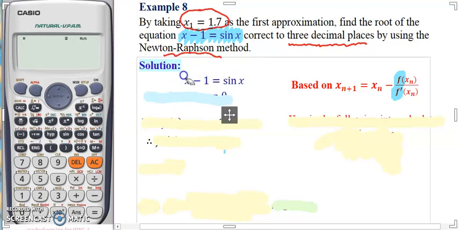From the equation we have in the question, I would like to find out what my f(x) is. In order to obtain f(x), we just need to have all the terms rearranged on one side.